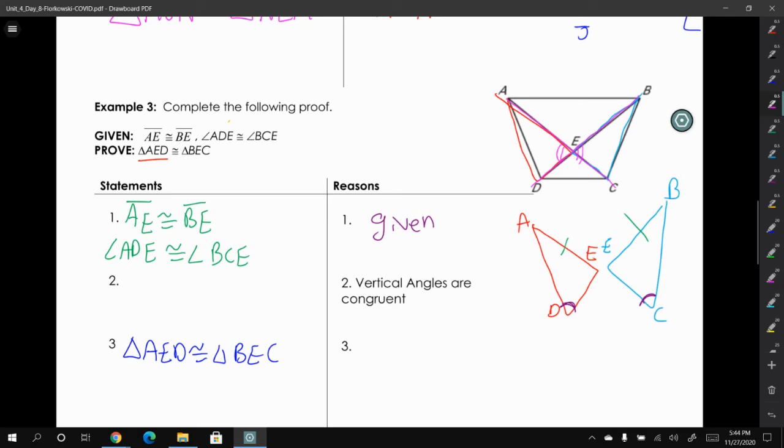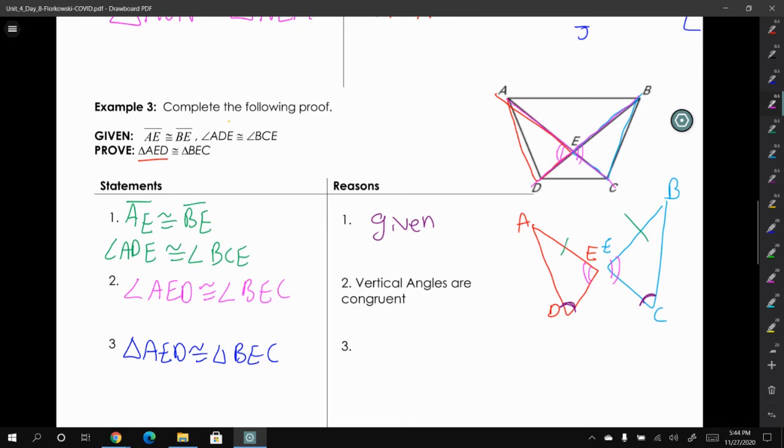So we translate that down to our separated picture, and we have angle AED is congruent to angle BEC because those are the vertical angles.